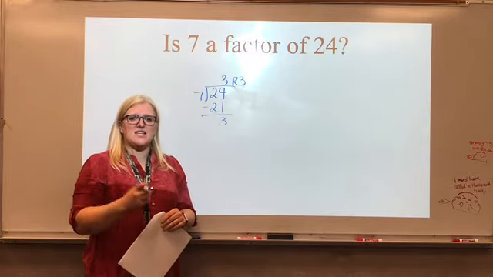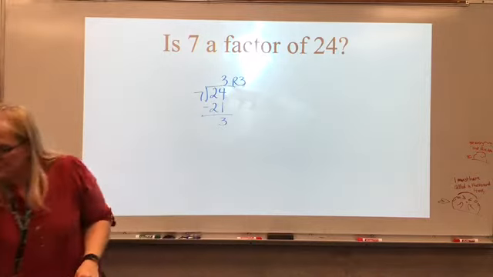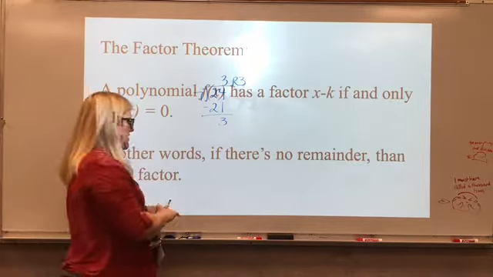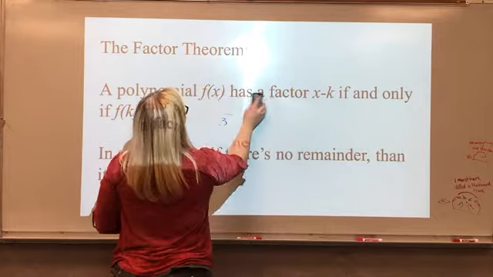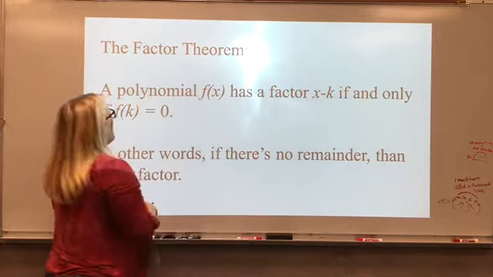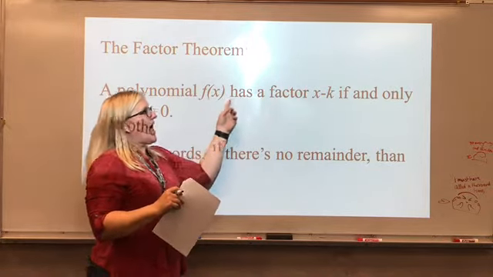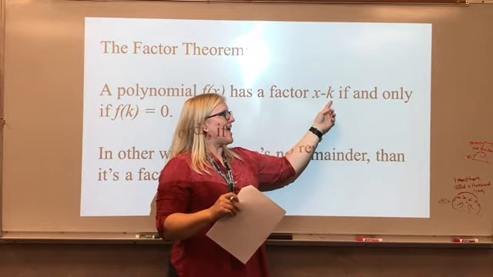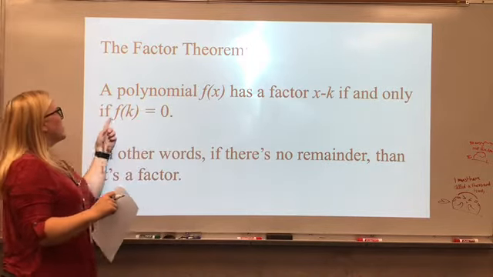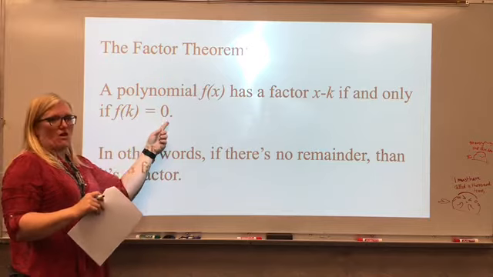And that's the same idea with the factor theorem. The factor theorem says, in math language, a polynomial f of x has a factor x minus k if and only if f of k equals 0.